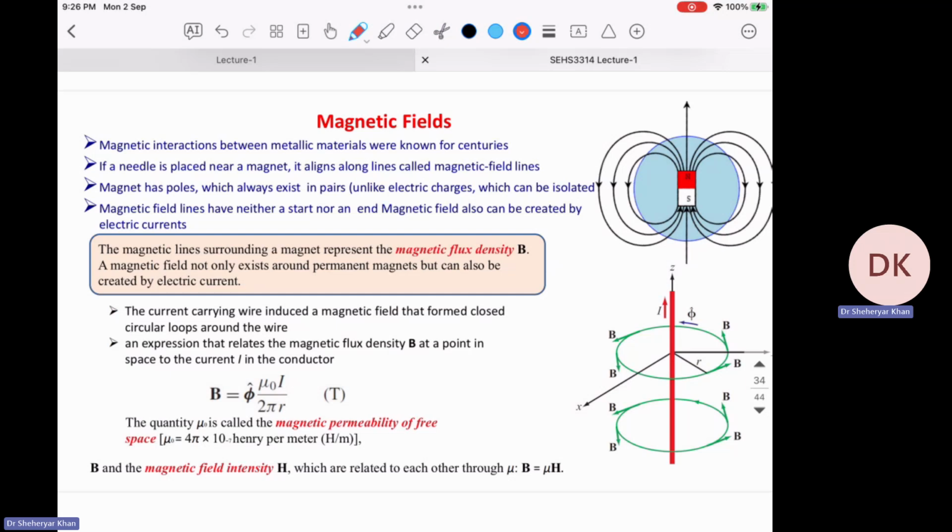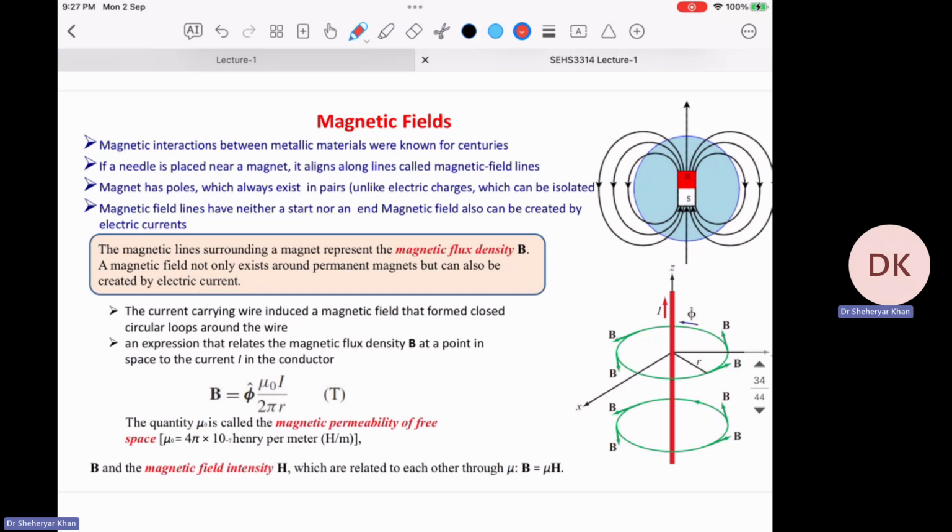Similarly, we use magnetic field intensity H, where B is mu H. We will look at several hysteresis curves, so how the magnetic field and H are related to each other. Mu is again relative. Mu naught is 4 pi into 10 to the power minus 7.